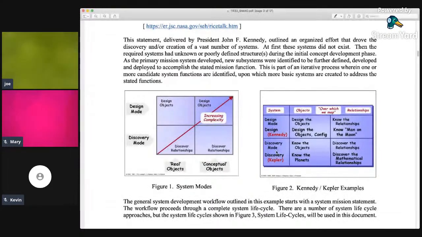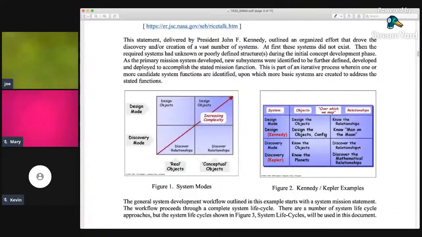And in the discovery mode, like with Kepler and the planets, he knew the object, he knew the planets, but he had to discover the real mathematical relationships and formulate those to create the laws of planetary motion. So this covers a wide range of systems, obviously a theoretical system like the laws of planetary motion, and real social technical systems like whatever it takes to put a man on the moon, which was a lot.